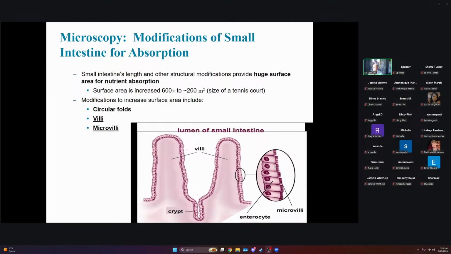Okay, so you can imagine the small intestine if it was just a smooth, hollow tube like the esophagus, for example. The surface area would be far less than if you put all these villi and little microvilli popping off. We've increased the surface area significantly.